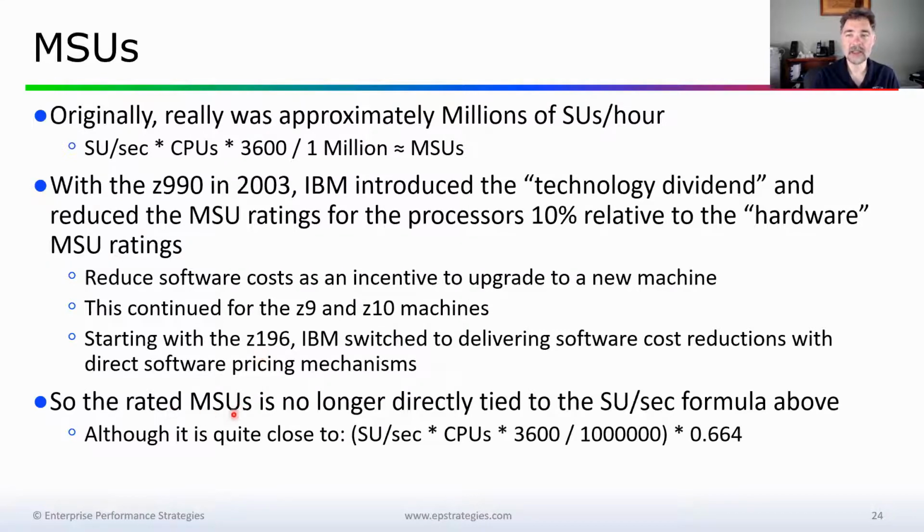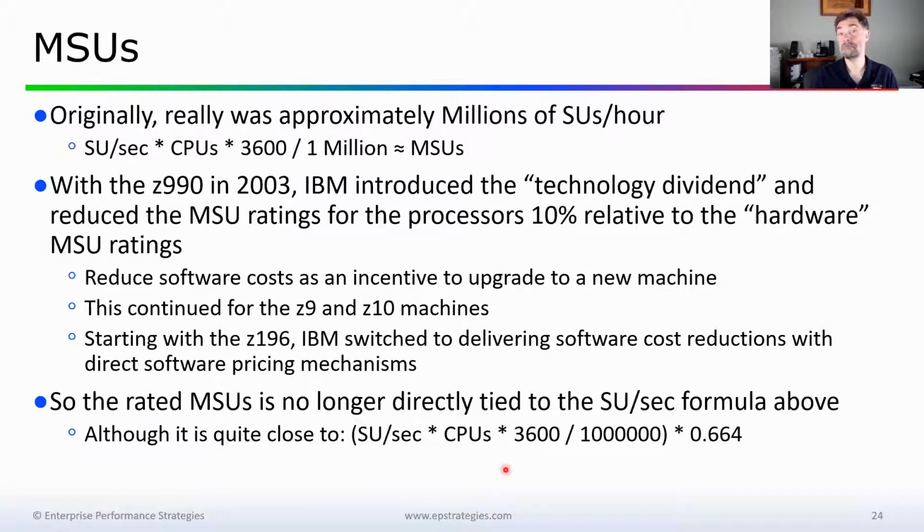So the rated MSUs is no longer directly tied to the service units per second formula up here, but it's very close to this formula down here, which basically derates it relative to the steps that they took over the years. Now, sometimes people will use the term hardware MSUs versus software MSUs, and if they are making that distinction, they're basically saying hardware MSUs is this thing up here, and software MSUs is down here.